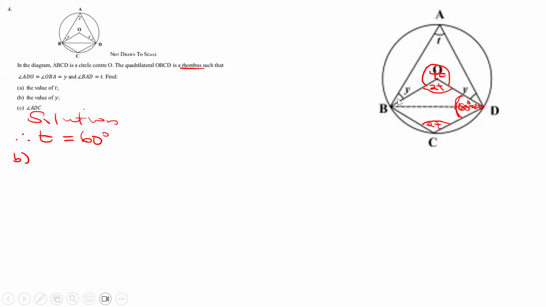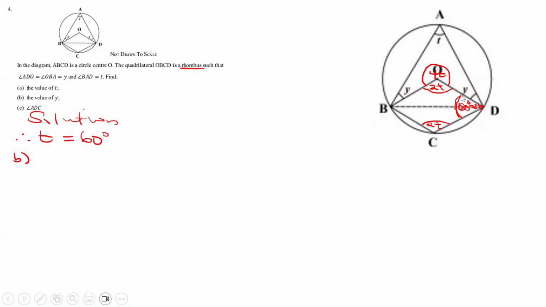Someone can also say that once you know the size of this angle here, which is 180 minus 2T, and it's in terms of T, you know the exact size. Because this is a rhombus, the diagonals will bisect the opposite angles.